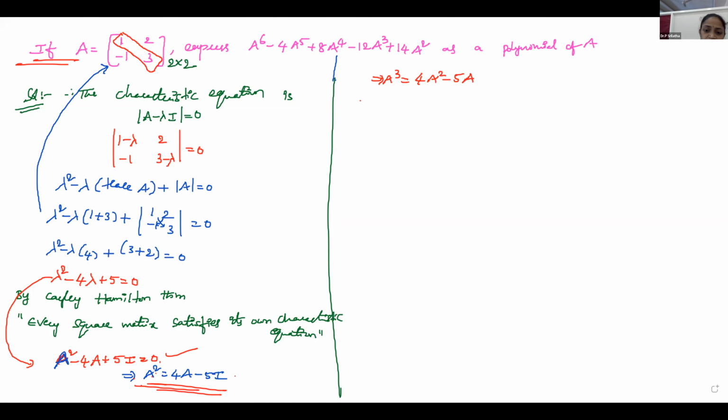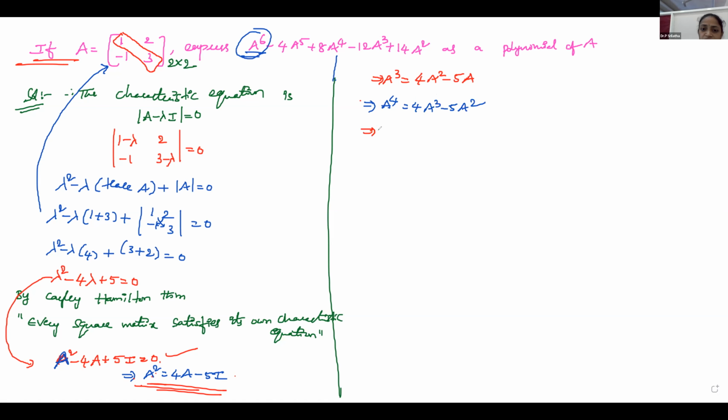Here I am multiplying with a on both sides once again, because the highest power is a power 6, so we need to find up to a power 6. Similarly, a power 4: multiply with a on both sides, then you will get a power 4 equal to 4a cube minus 5a square.